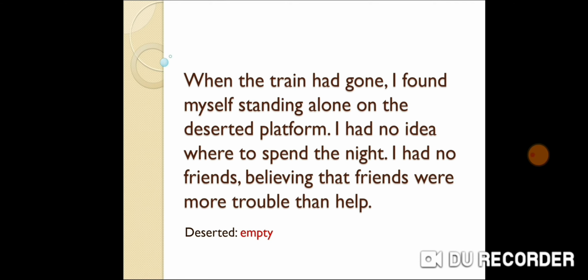He is telling us he was not having any friend because he believes that friends were more trouble than help. Means friends are more troublesome for him than helpful.